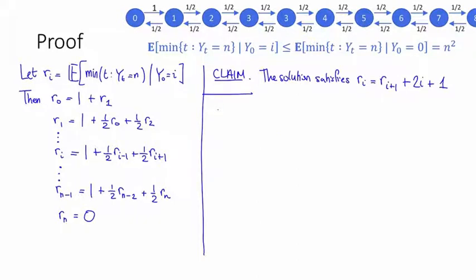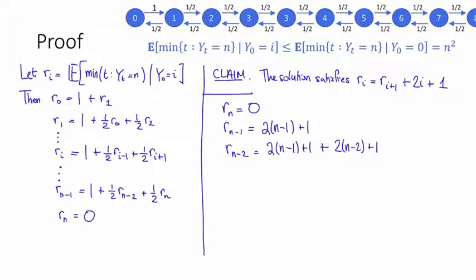Now we can figure out the value of r_i by starting with r_n equal to 0 and working backwards. So we have r_n equals 0, r_(n-1) is equal, using this claim, to 0 plus 2 times (n minus 1) plus 1. r_(n-2) is equal, using the claim again, to that value plus 2(n minus 2) plus 1, and so on.